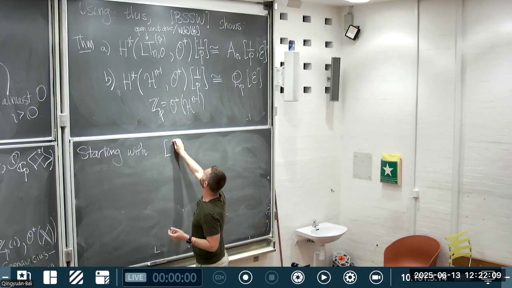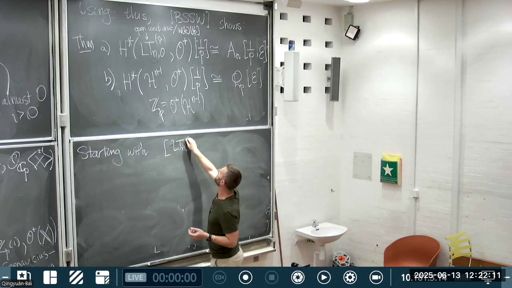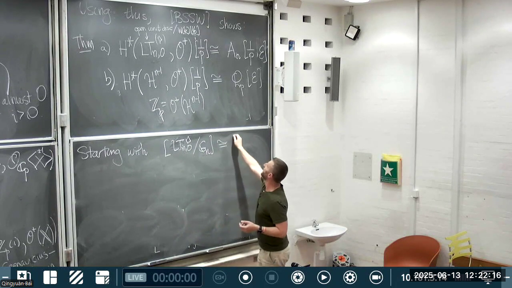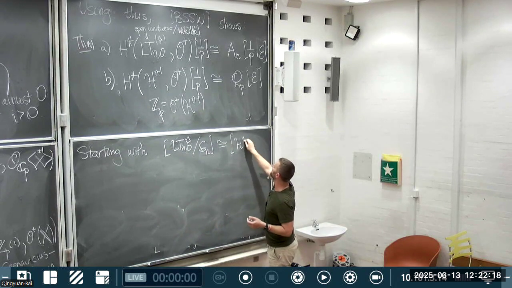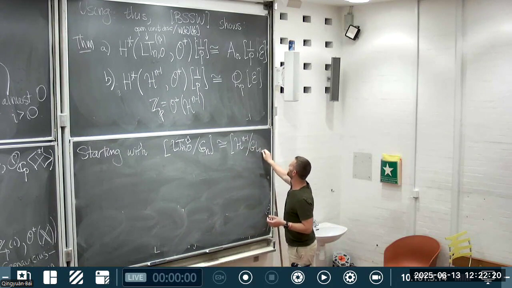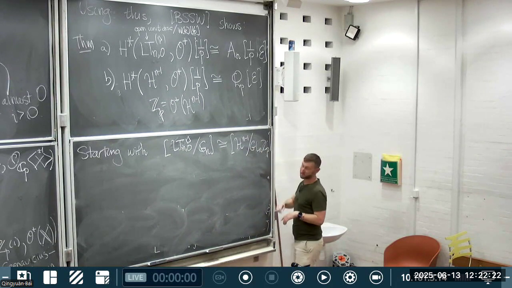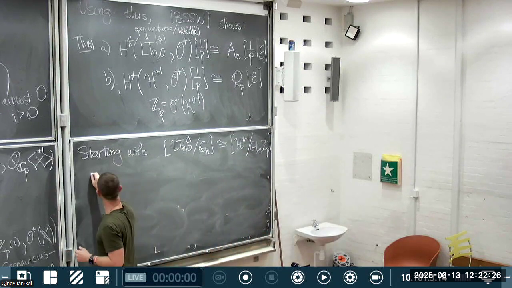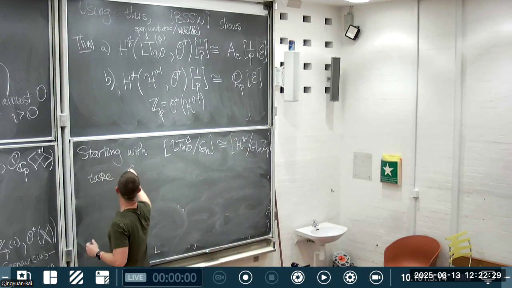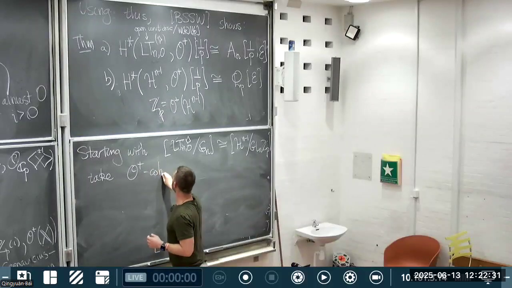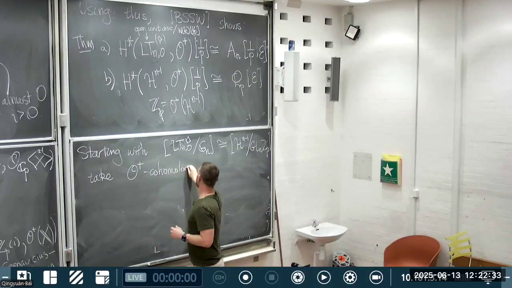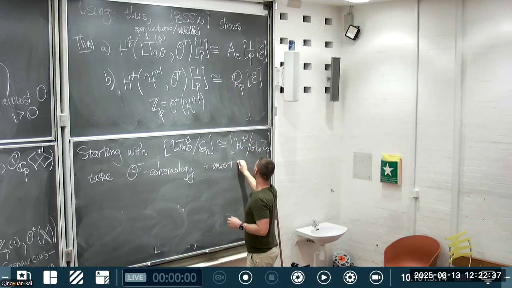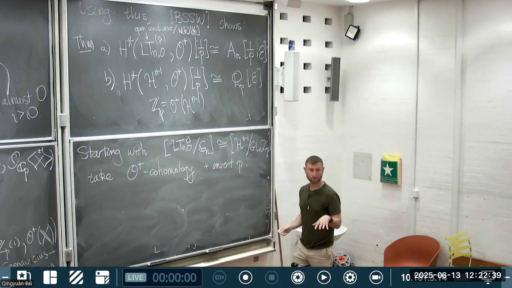H_LT^{n,0} diamond modulo G_n is isomorphic to H^{n-1} modulo GL_n(Z_p). What we do is we take the O plus cohomology in the pro-étale site, and then we invert p on either side.